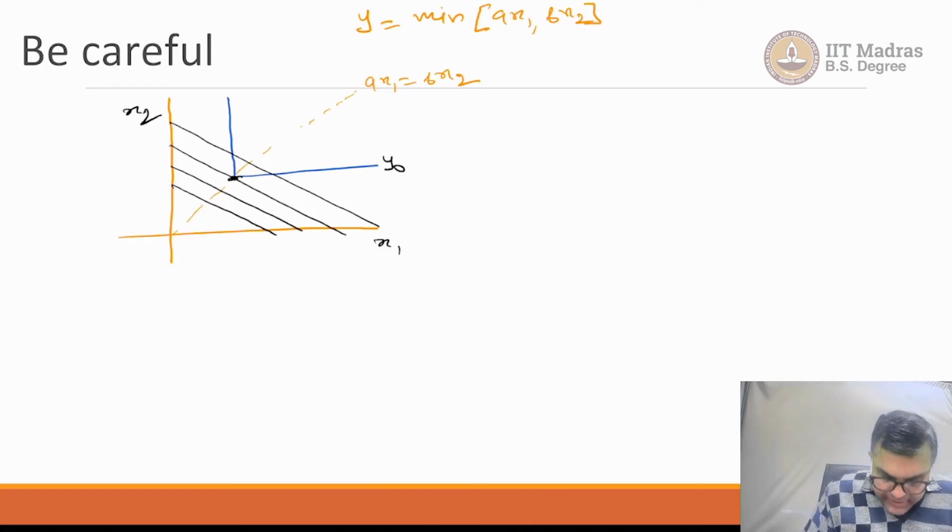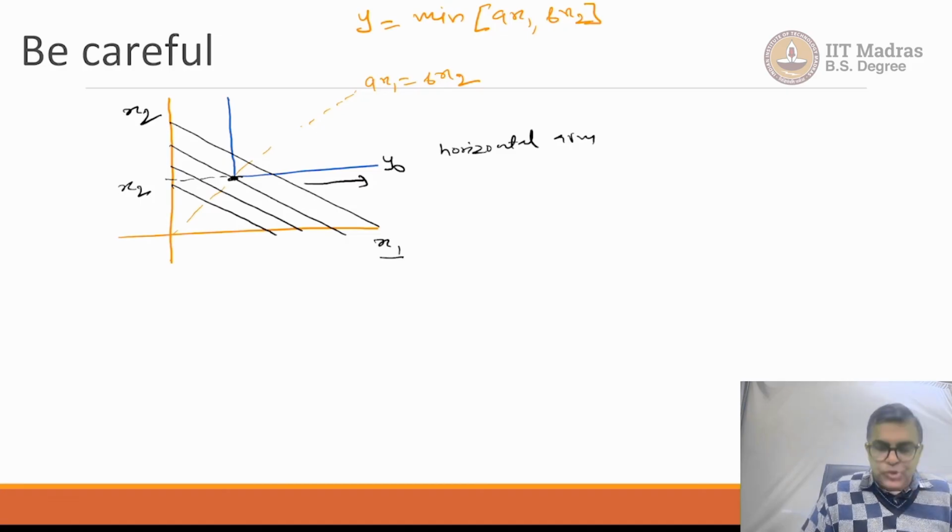Let us look at how much is the MRTS on this horizontal arm. We are keeping x2 fixed and we keep on increasing x1, but output doesn't change. So MP1 is equal to 0.